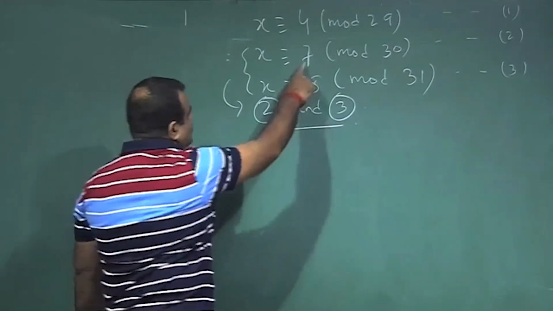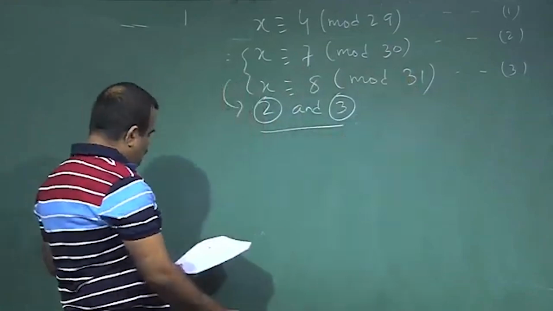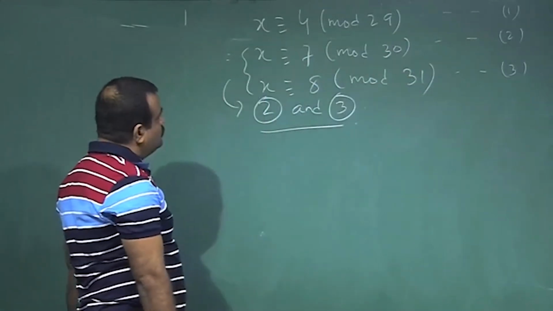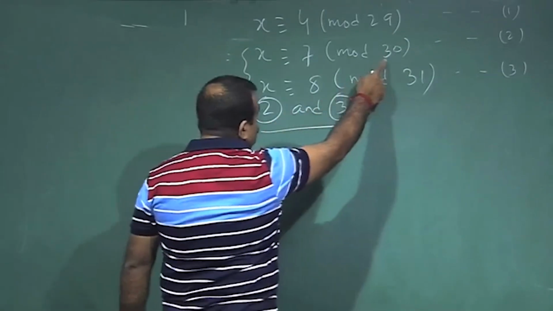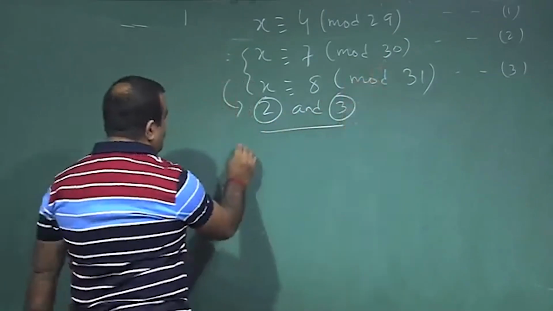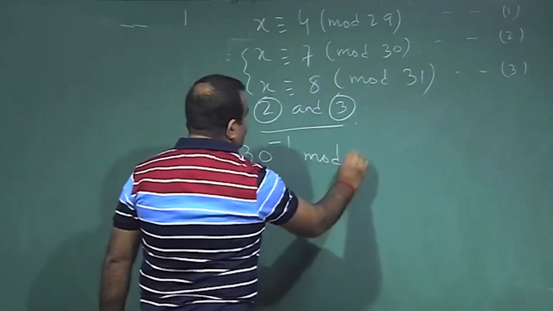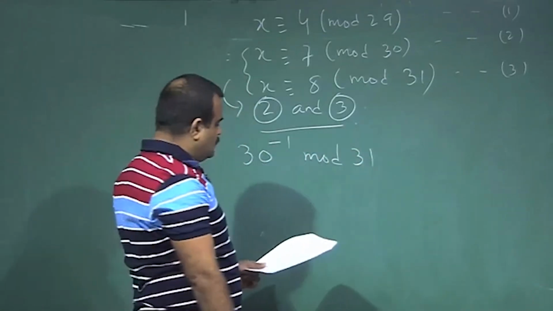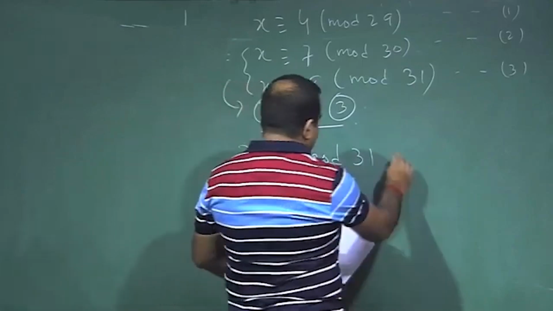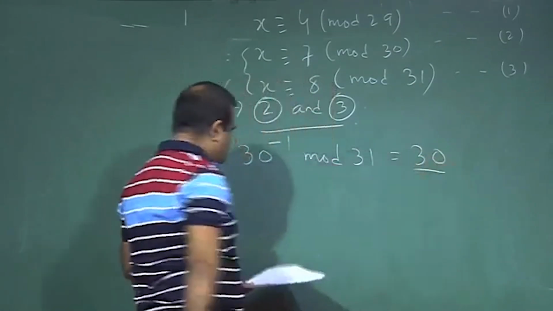So this is a, this is b, this is m, this is n. So for t we need to find m inverse mod n, where n is 31 here. If you calculate this, this is basically 30, you can verify this.